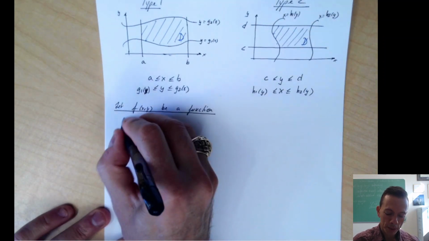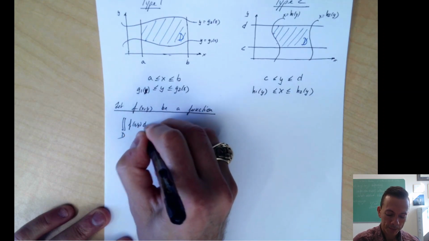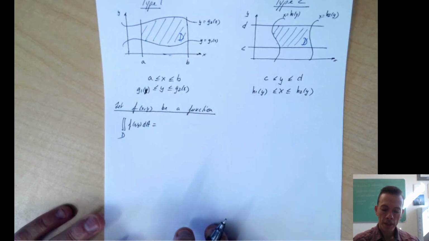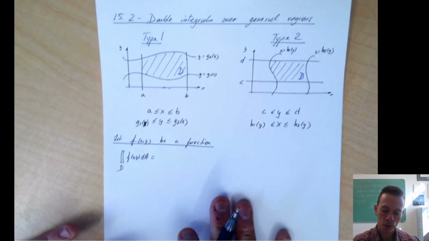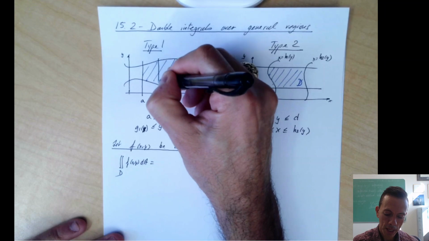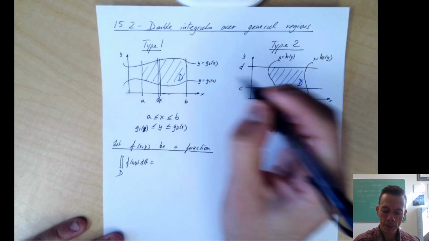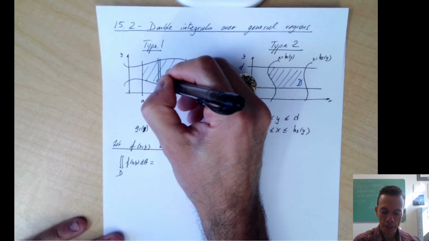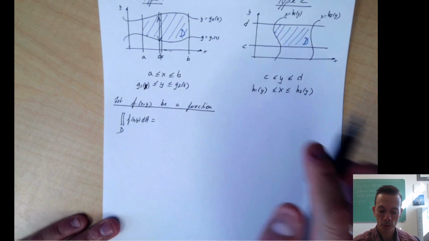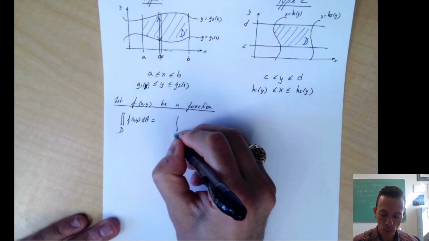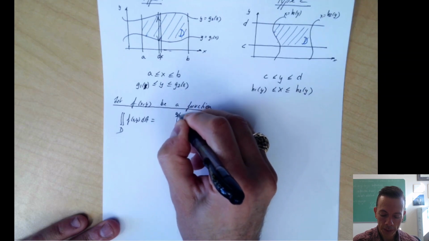So the way you integrate a function over a domain D, if you have a type 1 region, then you are going to first integrate using vertical strips of width dx, and you're going to sweep up and down between the two variable curves, which means this integral goes on the inside between g1 of x and g2 of x.